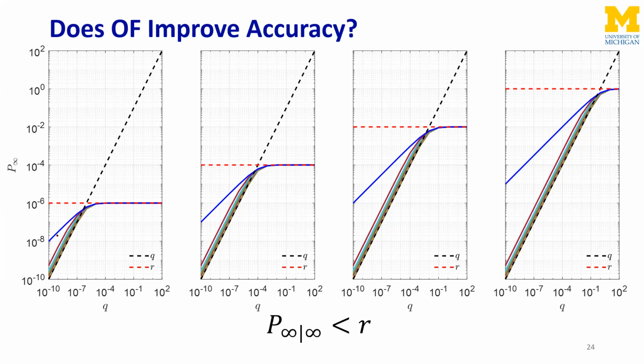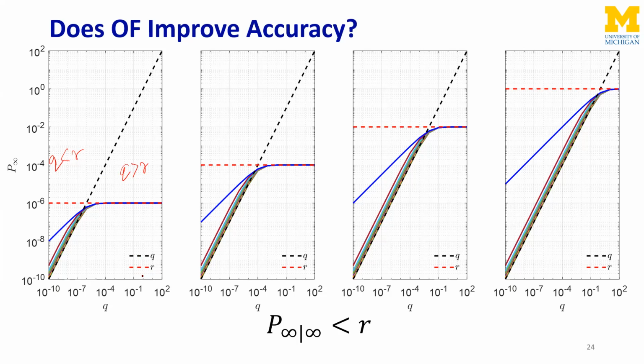And we see that in both cases, I'm going to write here, Q less than R and Q greater than R, the converged or asymptotic state error covariance is actually less than the measurement noise.